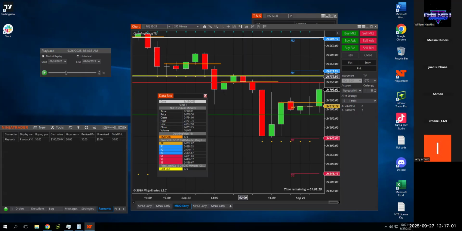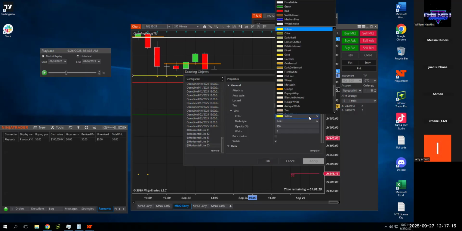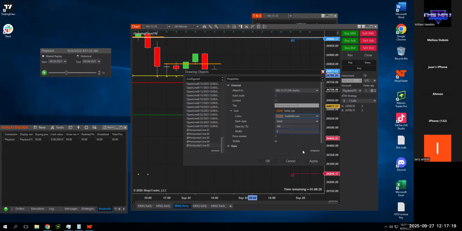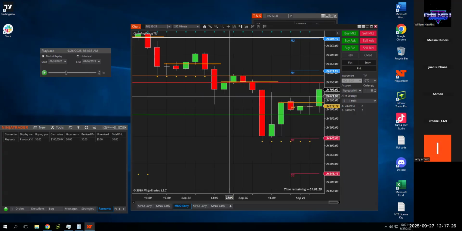So if you want to know the exact mark of where it opens at, the data box tells you the open is 8400. So I'm going to double click on that yellow line. I'm going to change it to brown because my 4 hour levels are brown. And then the data right here tells you the actual point where it's at.